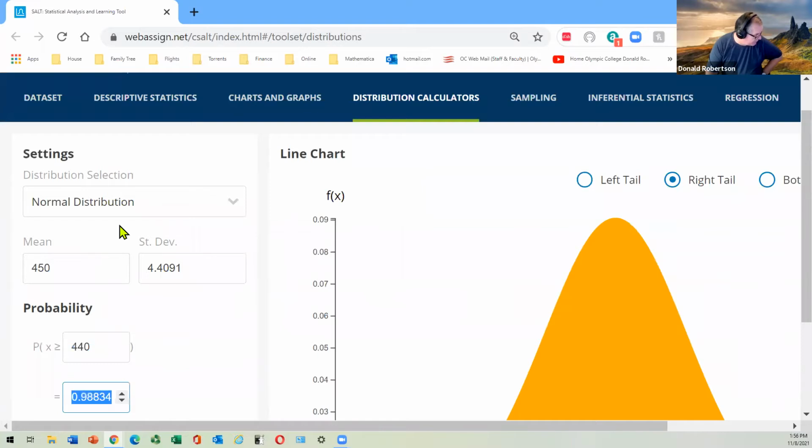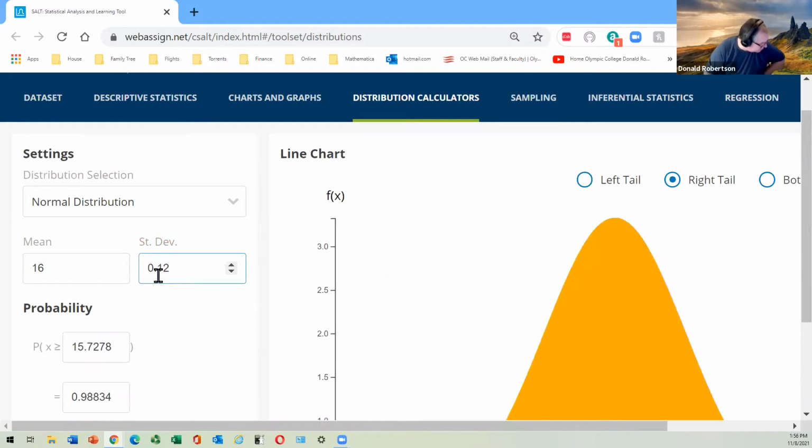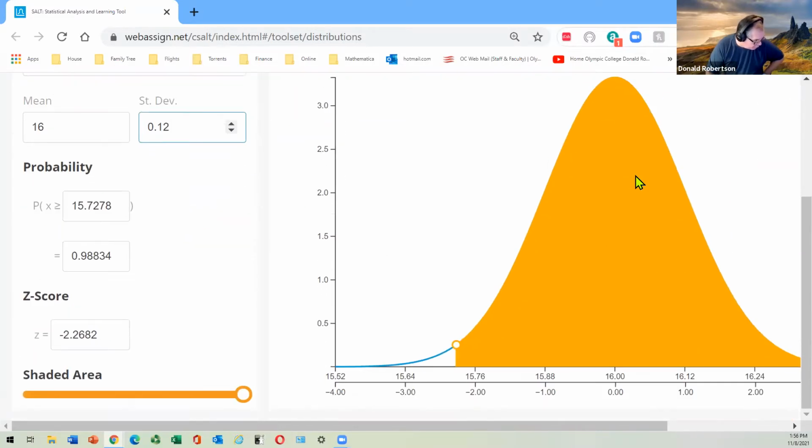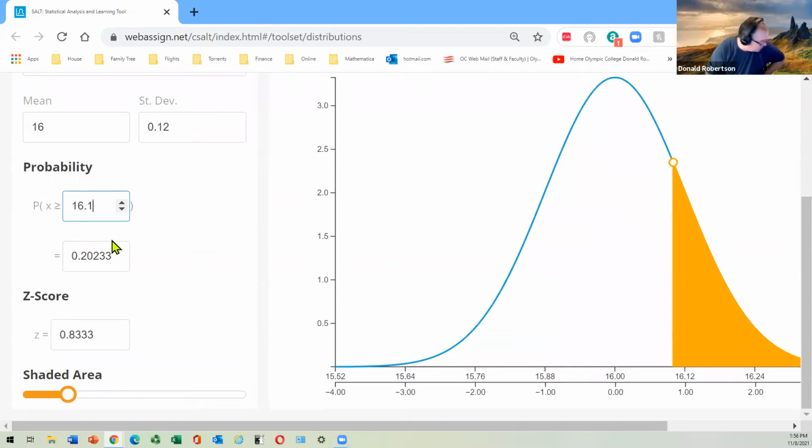Right, so it's a normal distribution. The population mean is 16 ounces. The standard error is 0.12. We want to know greater than, which is good. And we want to know what's the chances that it is greater than 16.1.